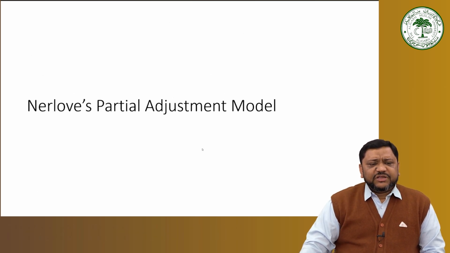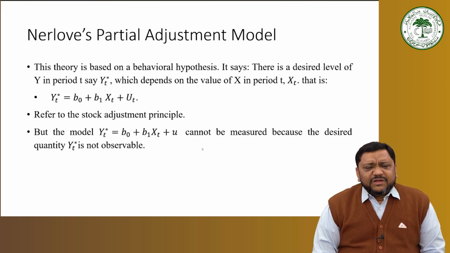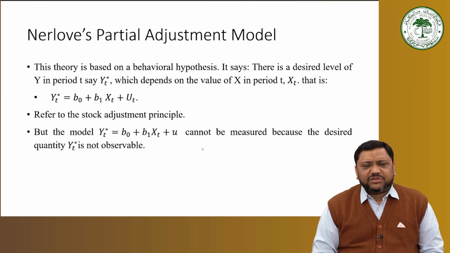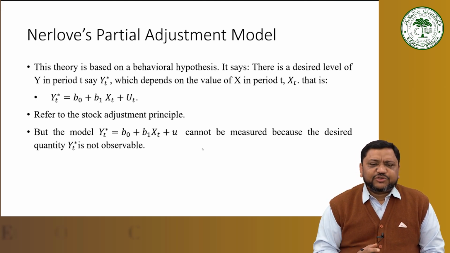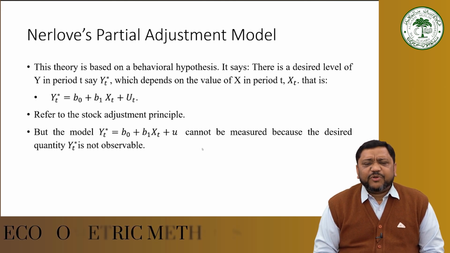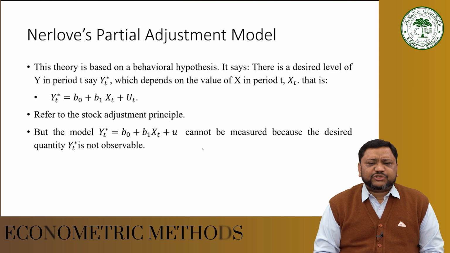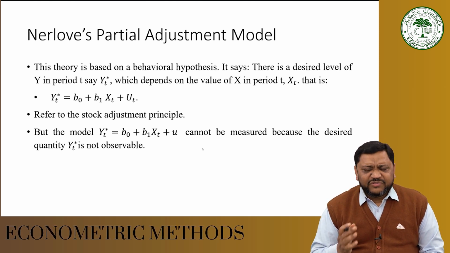Today's discussion is on Nerlove's partial adjustment model. This is basically a theory based on a behavioral hypothesis. The stock adjustment principle implies a particular behavioral pattern. It is assumed that there is a desired level of capital stock which an entrepreneur thinks is right for a smooth production process, without any excess capacity or overworking of the existing machinery.